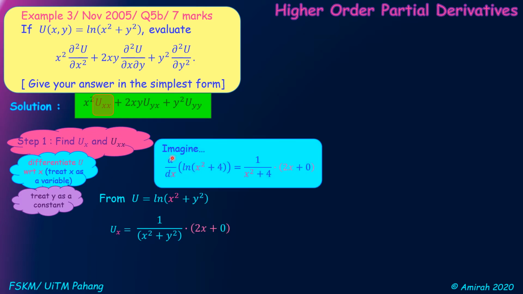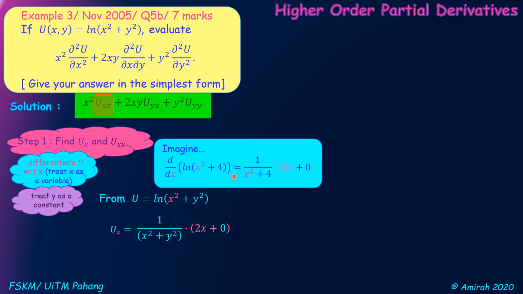So when we differentiate a constant, it equals 0. Or we can just imagine, if we want to differentiate ln(x squared plus 4), where 4 means, let's say we replace y equals 2, so we get 2 squared equals 4.